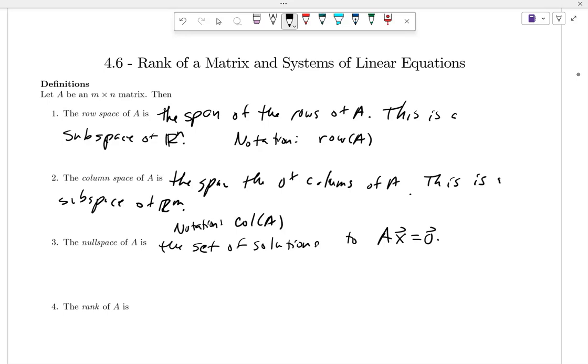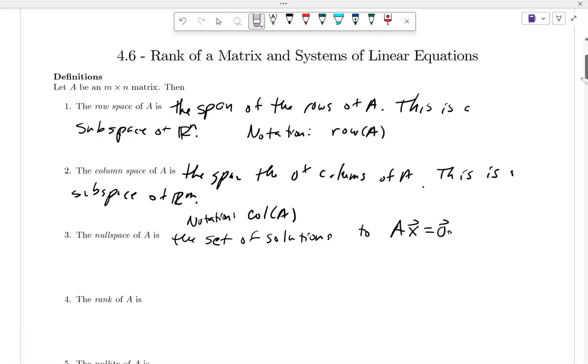Okay, so I got to make sure my matrix multiplication is defined. If A is m by n, X needs to be n by 1, right? So it has to be a vector in Rn, right? So this will end up being a subspace of Rn.